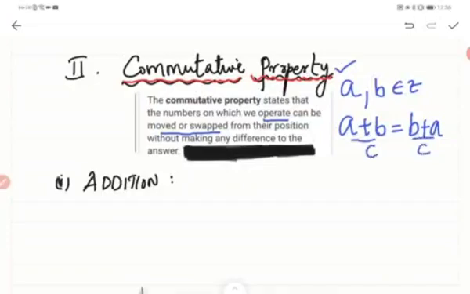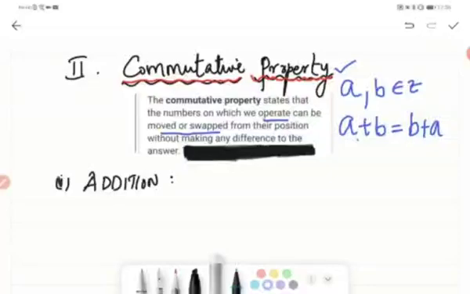the commutative property is true. In a similar way for subtraction, if I take a minus b and swap it with b minus a, if both are equal, then the commutative property is true.